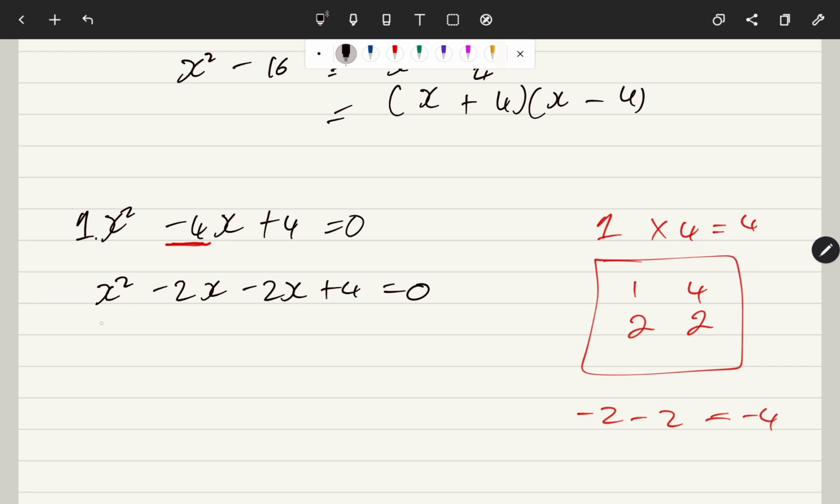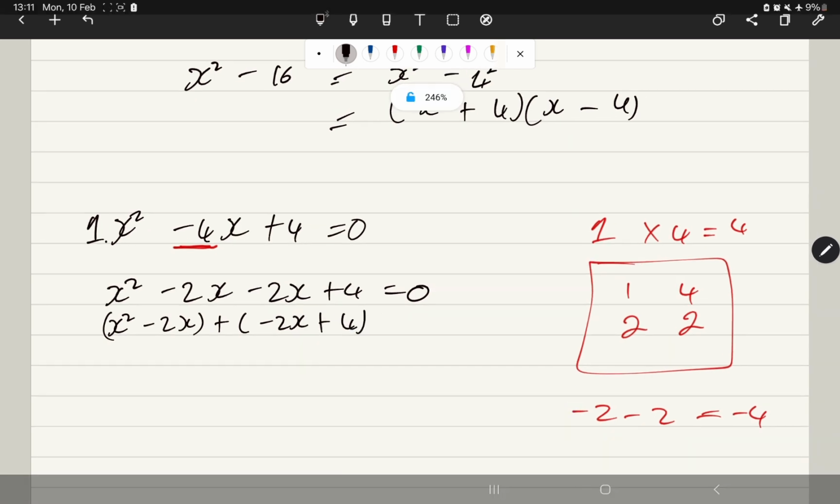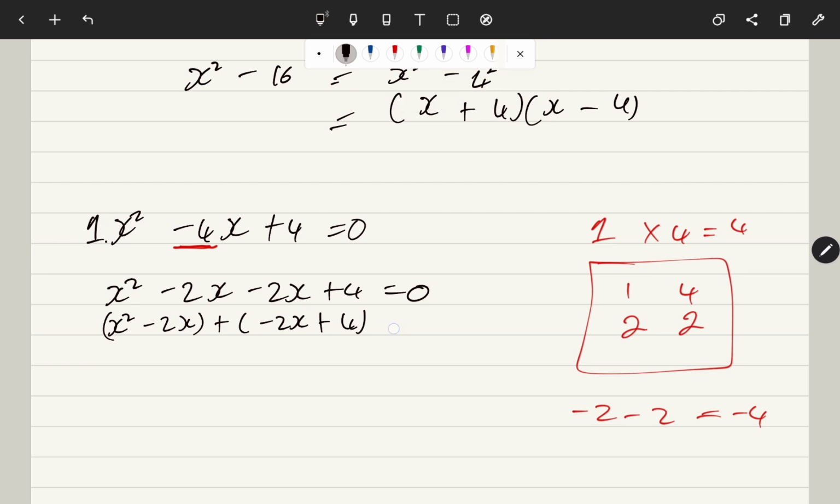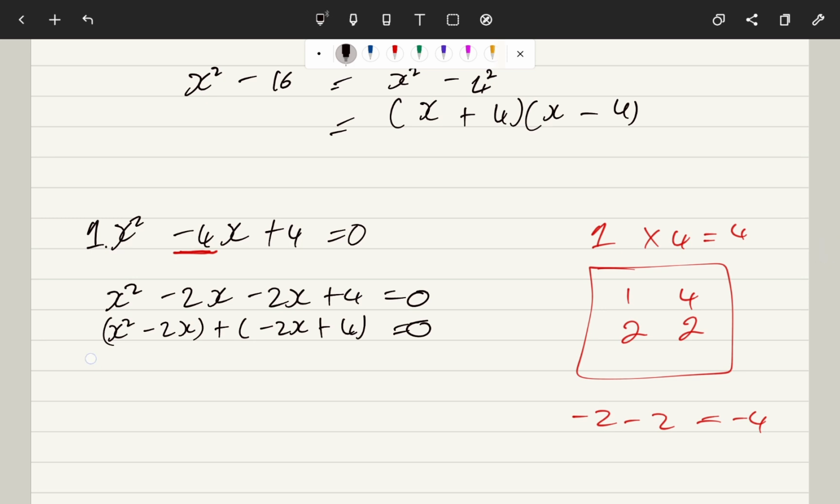Now I'm going to group the first two, and I group the last two, plus 4, equals 0. Now I just take out the common factors in both brackets. Here I just have x minus 2, and then right here my highest common factor is going to be minus 2, so I just take it out.